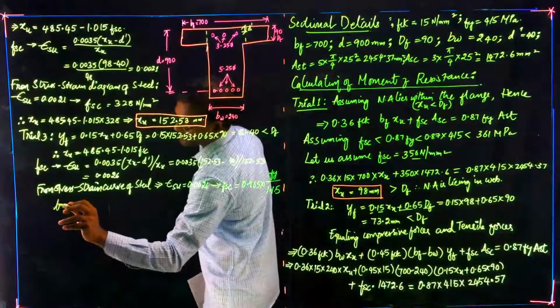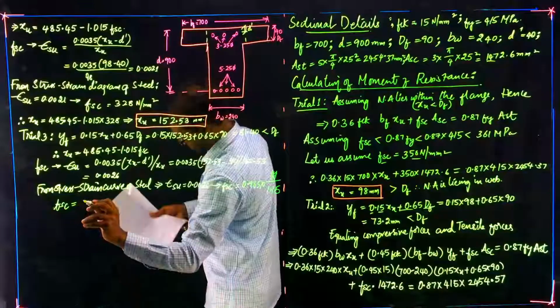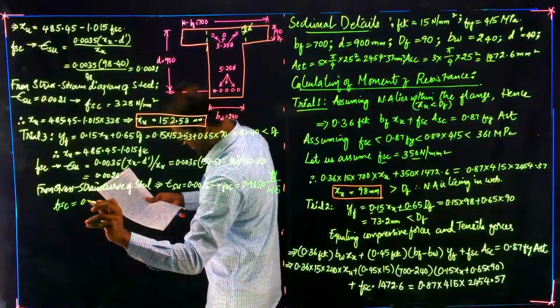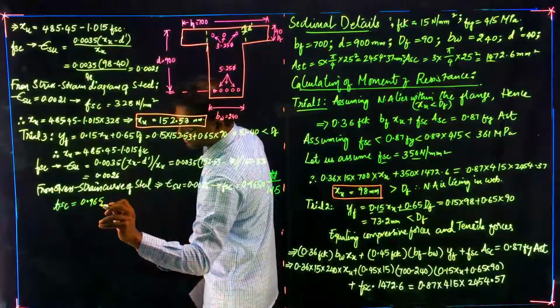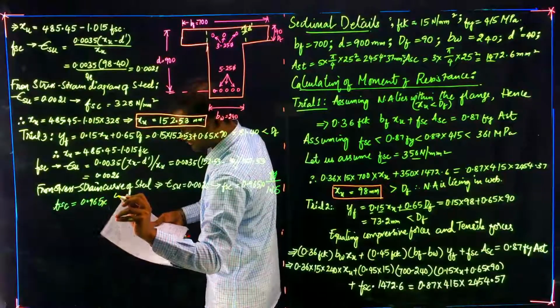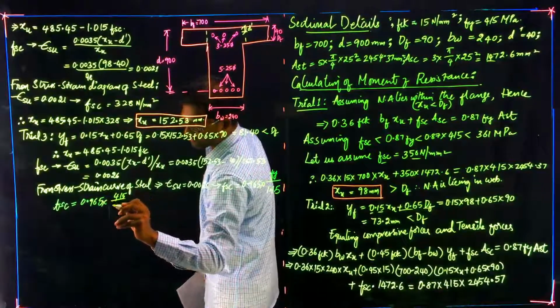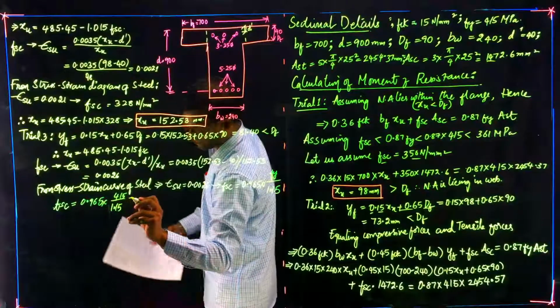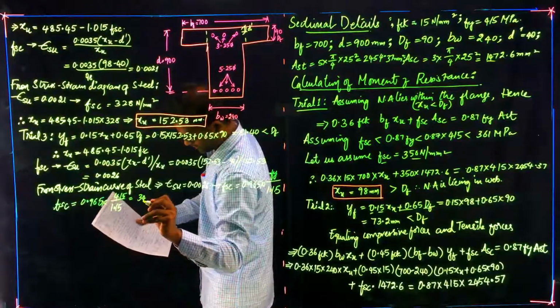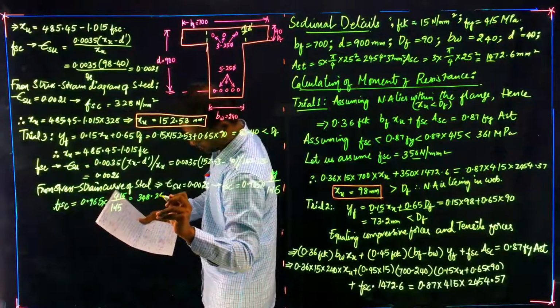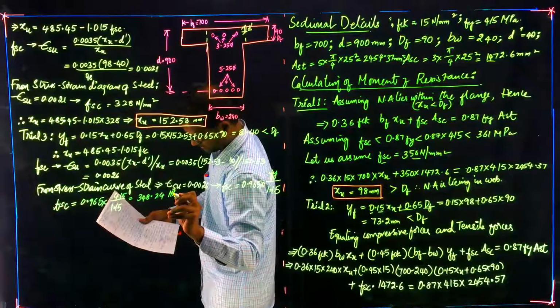So FSC equals 0.965 into 415 divided by 1.15, which will give you a value of 348.24 MPa.